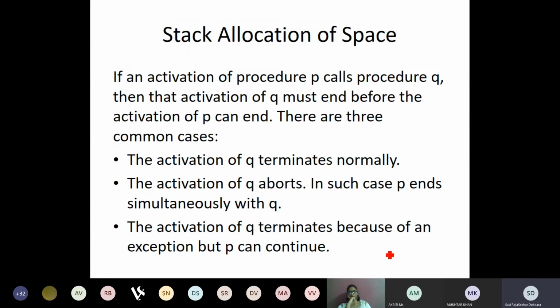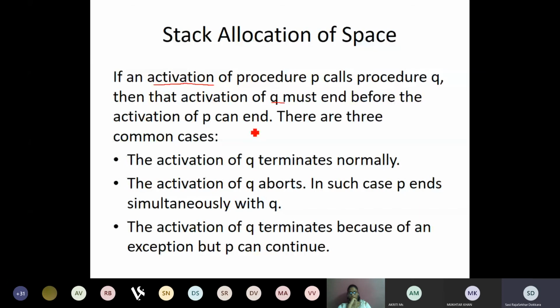Generally, when a procedure P calls Q, what are the things that are going to happen? When a procedure is called, we say that a procedure is being activated, and we call that an activation of procedure P. Now let us assume the activation of procedure P calls procedure Q. Then that activation of Q must end before the activation of P ends. If that doesn't happen, then we don't say that the procedures are nested in time.